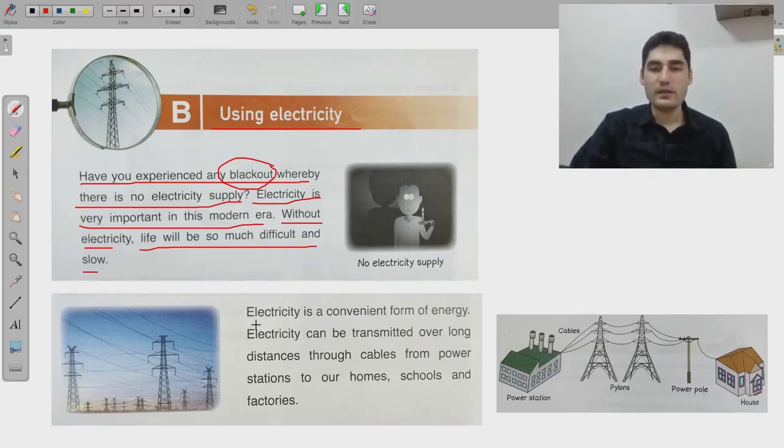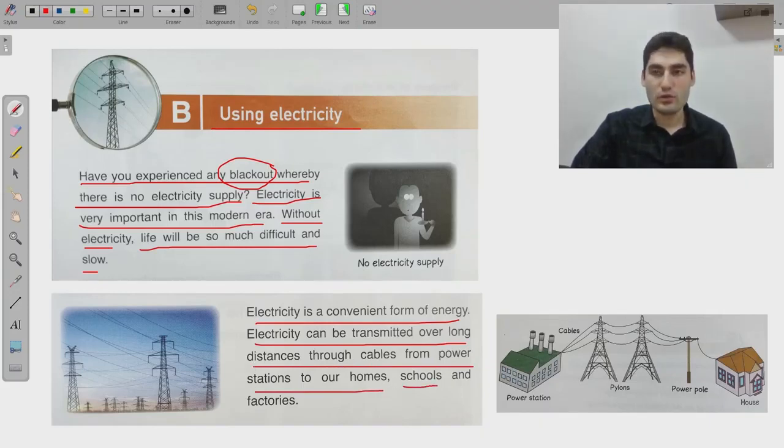Electricity is a convenient form of energy. Electricity can be transmitted over long distances through cables from power stations to our homes, schools, and factories. Like this one. Do you remember the electricity poles, right? And they have cables like this, right?